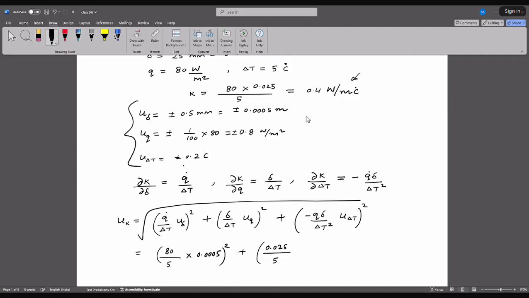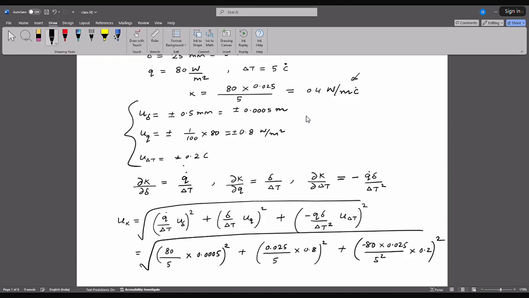Delta T is 5 into UQ is 0.8, squared, minus Q is 80, delta is 0.025, over 5 square, into U delta T is 0.2.